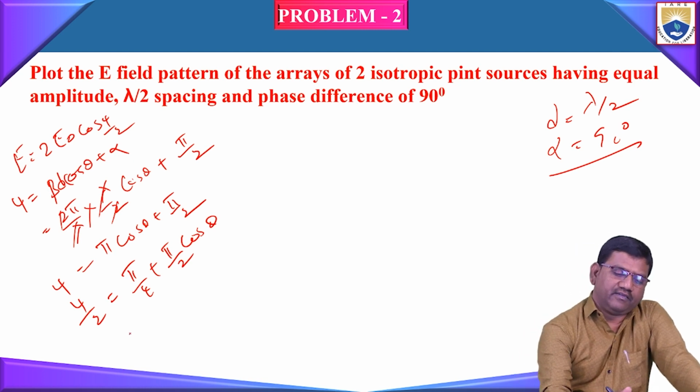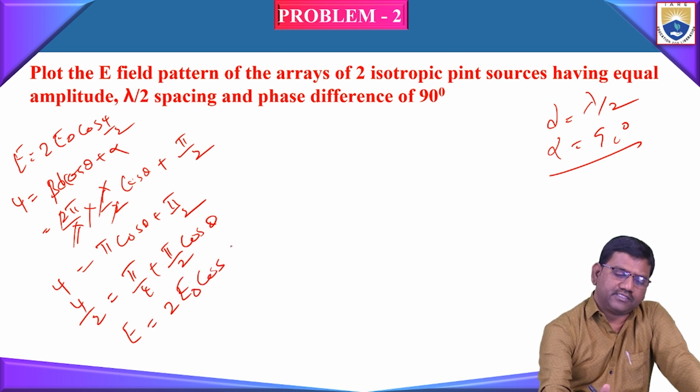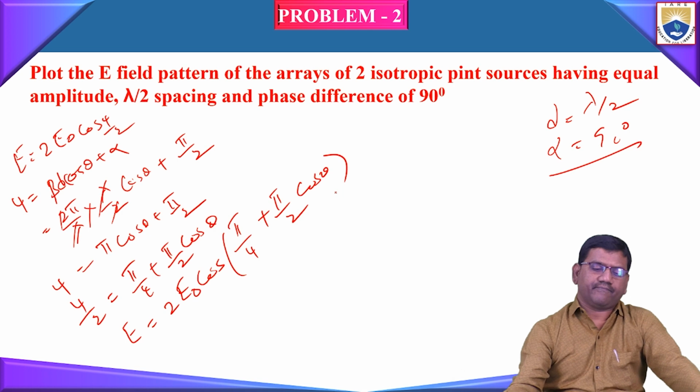So we simplify this: E is equal to 2 E naught cos psi by 2. What is the value of psi by 2 here? It is pi by 4 plus pi by 2 cos theta.